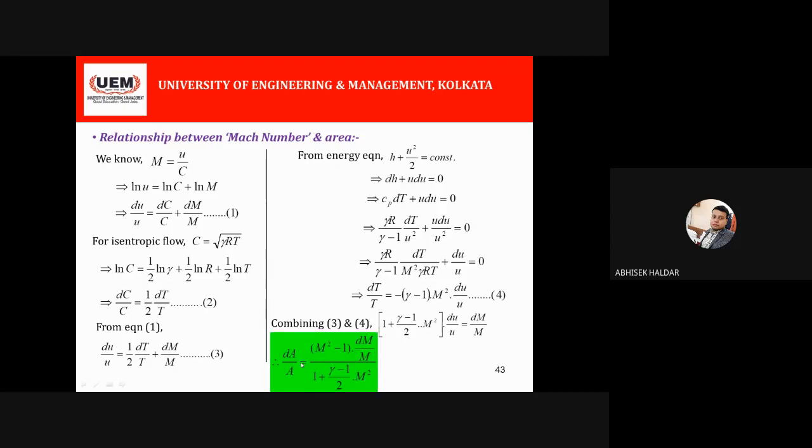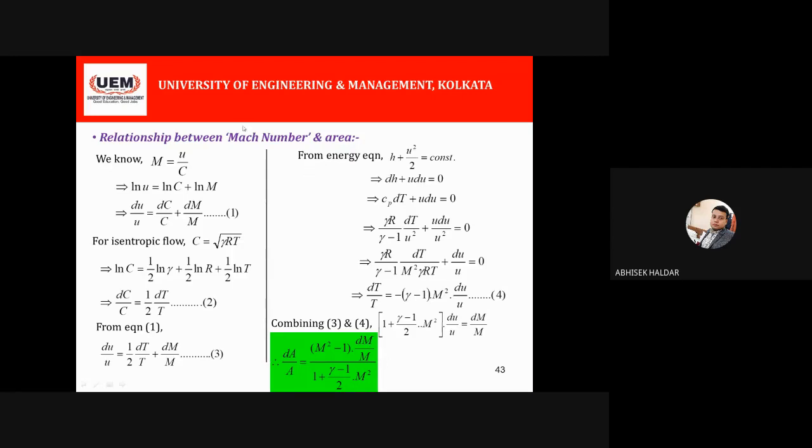So here if I just take a ratio, dA by a will be what? M square minus 1 dm by m divided by 1 plus gamma minus 1 by 2 into m square. Now from where am I writing this? Who can tell me?